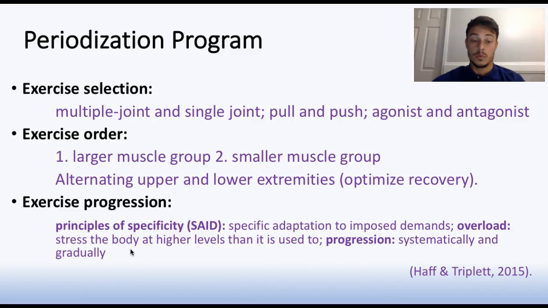So we want to stress his body at the right level in order to see strength gains, and then the progression systematically and gradually. So we're following the system. We have a periodized program, and gradually each week increasing his load in order to see muscular adaptation.